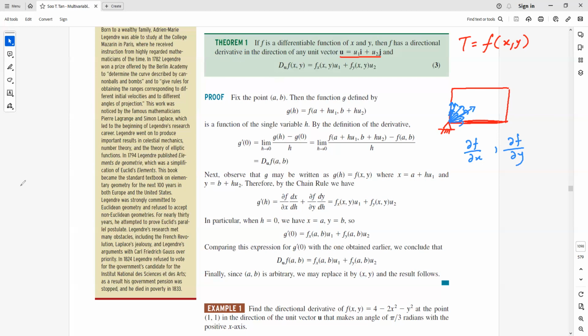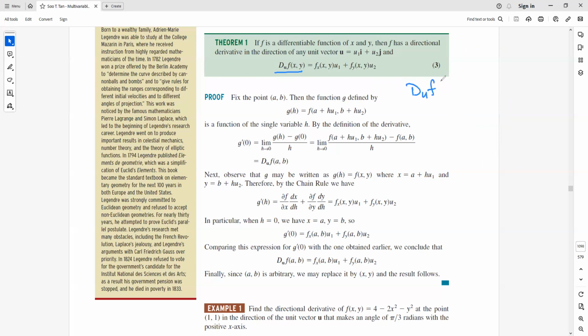For the computation of the directional derivative, we have the formula D_u f(x, y) equals the partial of the function with respect to x at the point (x, y), times u1, plus the partial of the function with respect to y at the point (x, y), times u2.